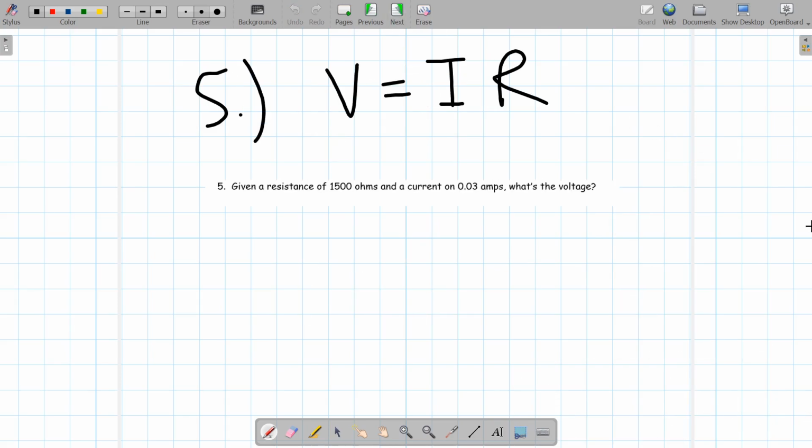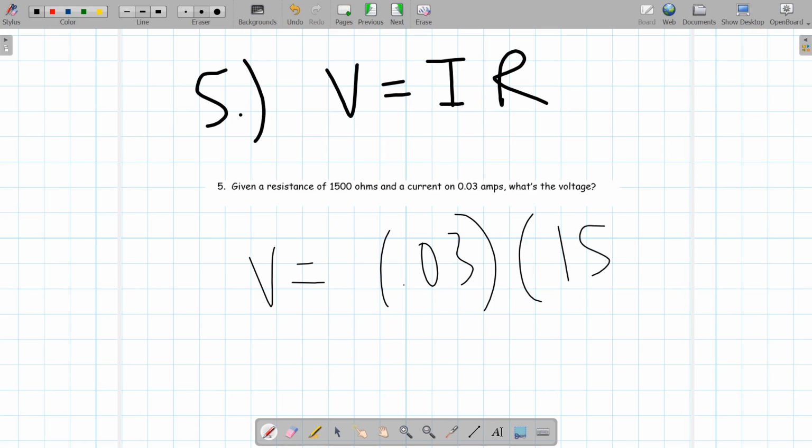Okay, last one on this worksheet. Number 5 says, given a resistance of 1500 ohms and a current of 0.03 amps, what is the value of the voltage? So here we just multiply current, which is 0.03, times the magnitude of the resistance, which is 1500.